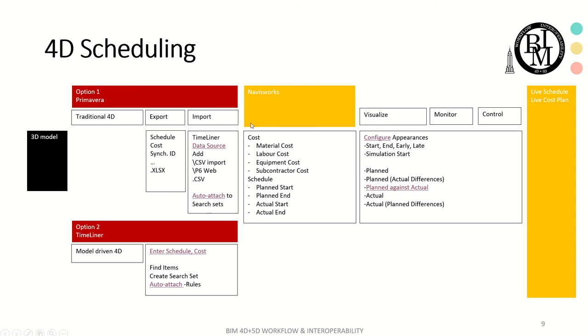So once it's populated, all the information about cost and schedule is entered, then that's where the fun begins. Here you can visualize, monitor, and control. There are two simple steps.